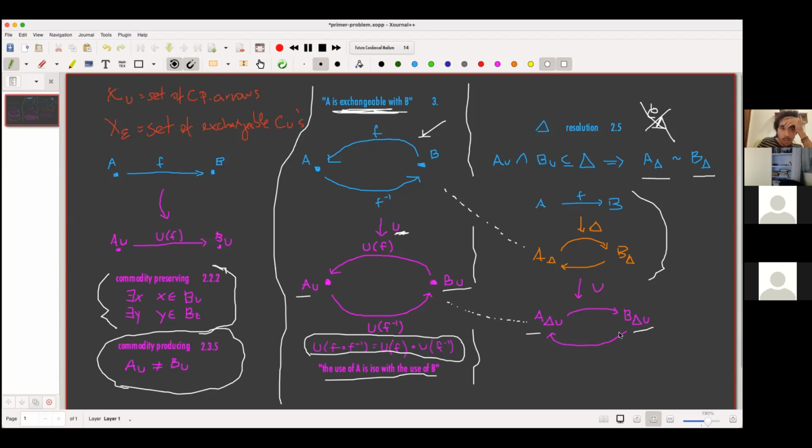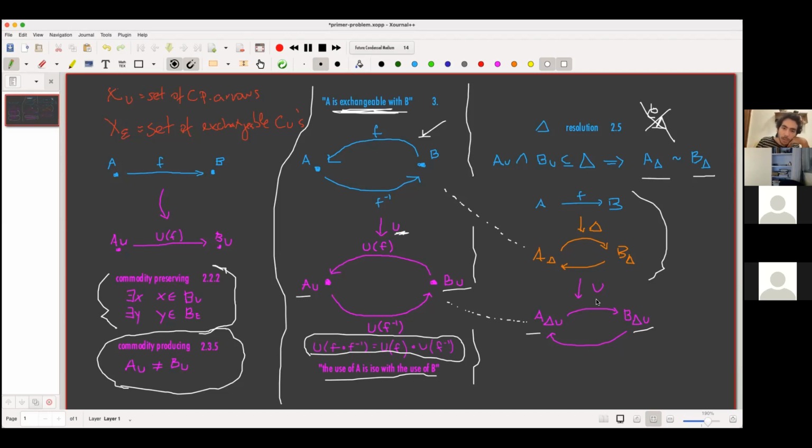Well, I'm not sure it makes sense from the formal point of view, but if you start with the exchangeability between the commodities, you already have some sort of isomorphism, and then you have a functor that takes you to the use set, and then the problem is that you cannot introduce a difference.